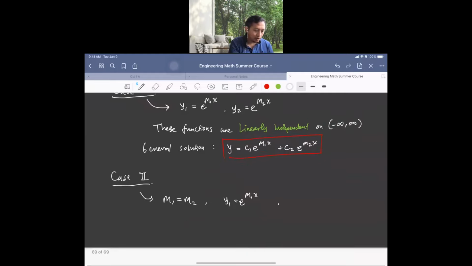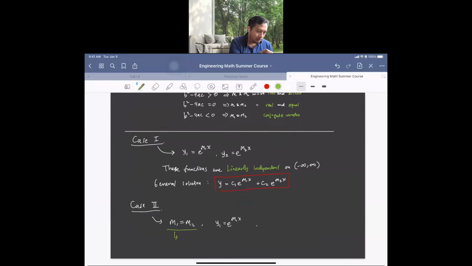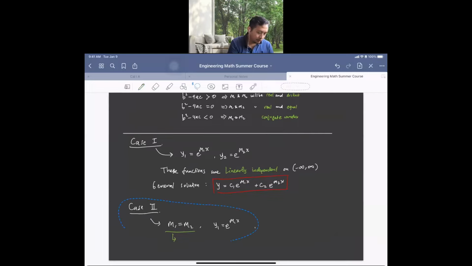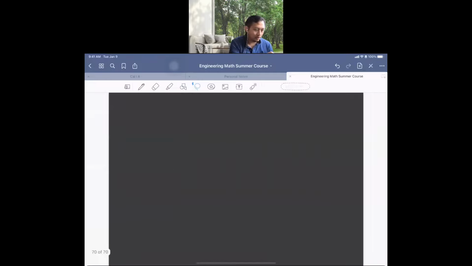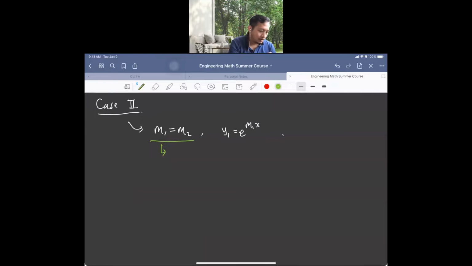So the only way we have m1 equal to m2 is when b squared minus 4ac equals 0 to make it equal.